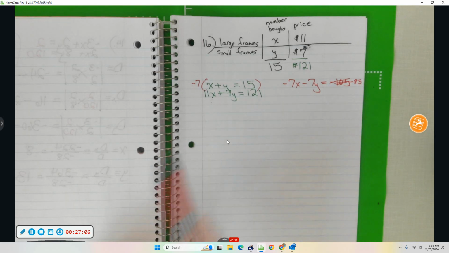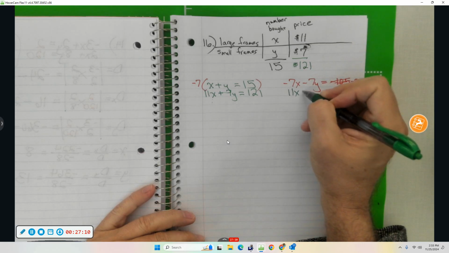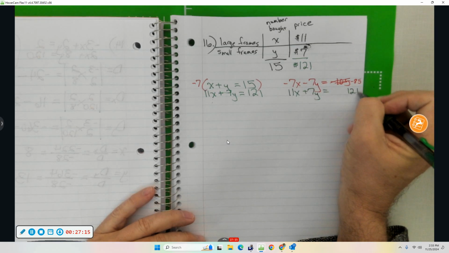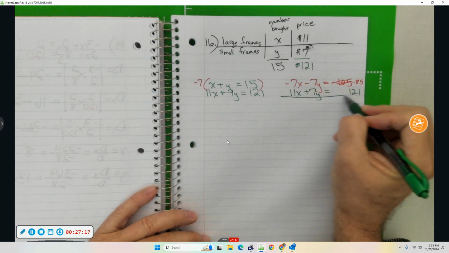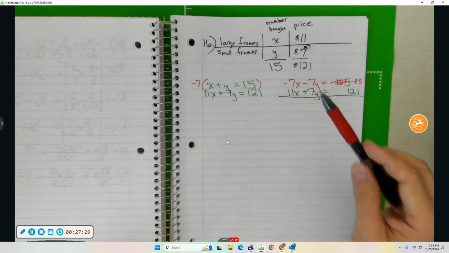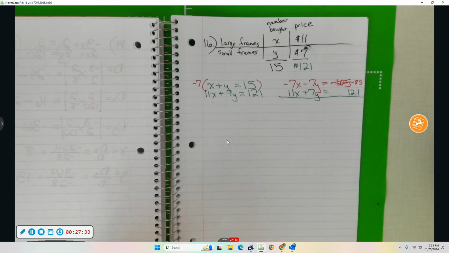I'll recopy the second equation. 11x plus 7y is equal to 121. Let's add the two equations together. Adding the two equations together, negative 7x plus 11x gives me 4x.